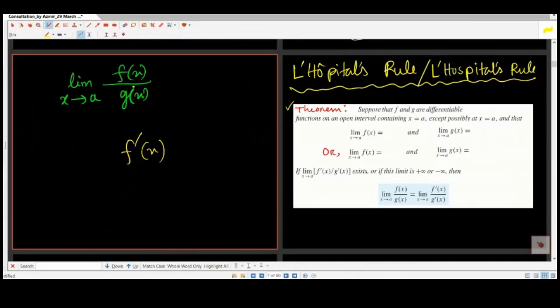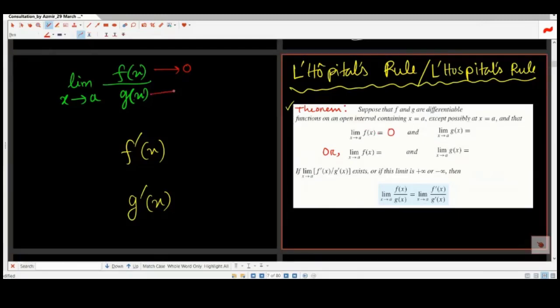The differentiation of f of x is f prime x. The differentiation of g of x is g prime x. If the limit of f of x goes to 0 and the limit of g of x goes to 0 as x approaches a, that means we have 0 over 0.